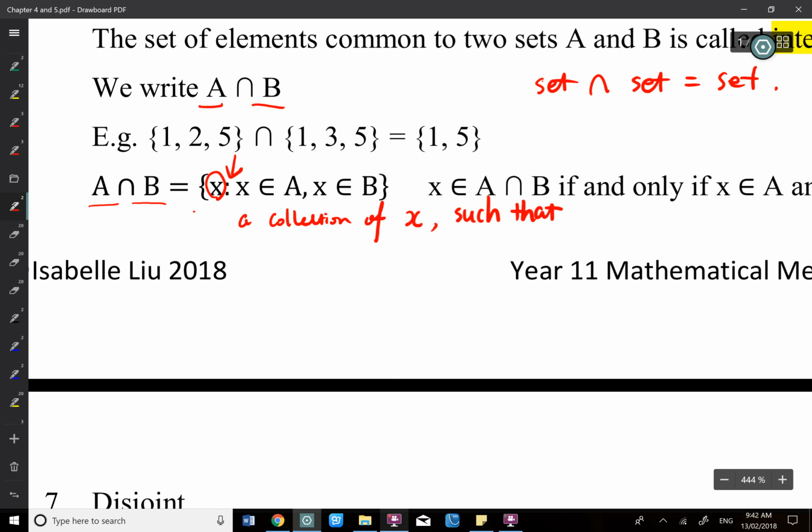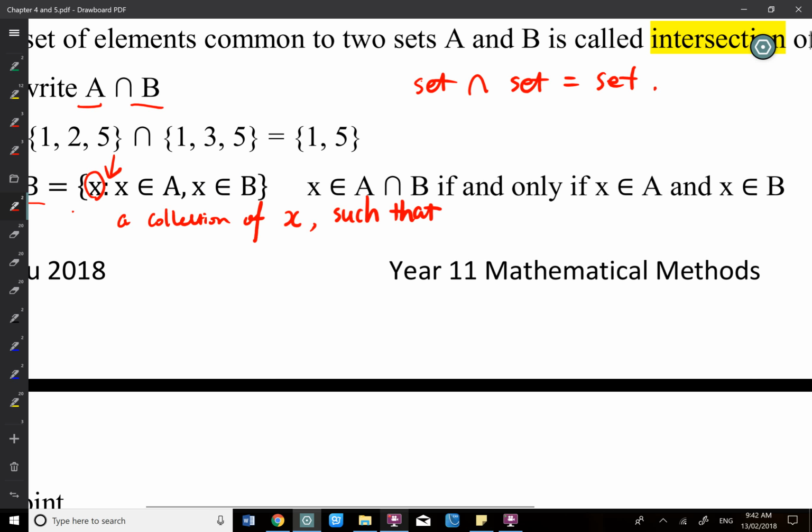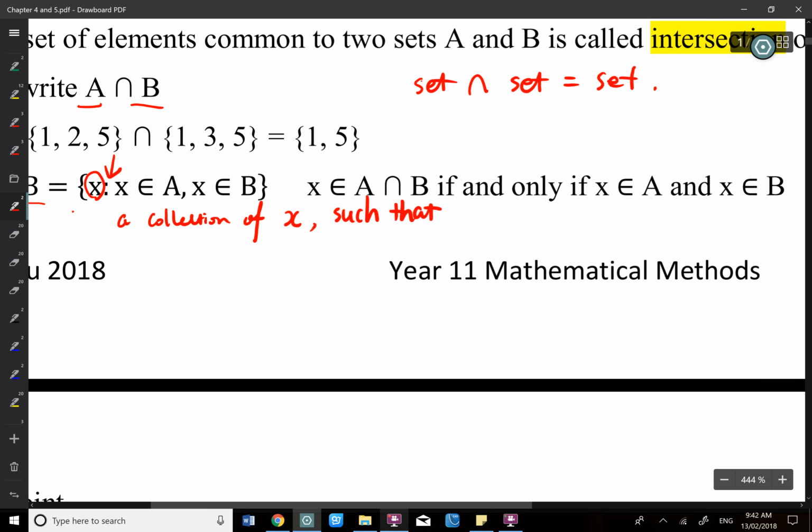After that is the explanation. So such that X belongs to A, and also X belongs to B.